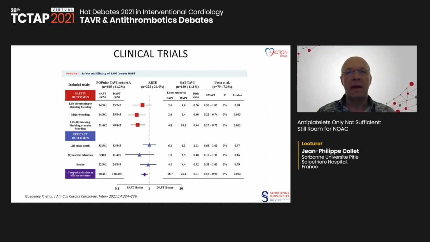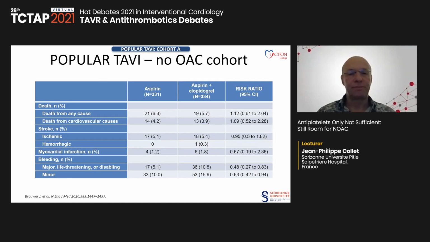And at the end, when pooling safety and efficacy outcomes, single antiplatelet therapy should be the default strategy. And what is interesting is that most of the benefit is driven by bleeding events, but most of these bleeding events occurred during the peri-procedural setting.